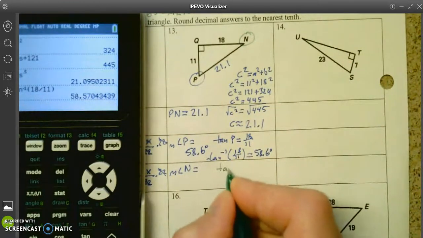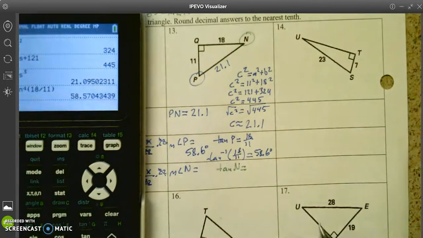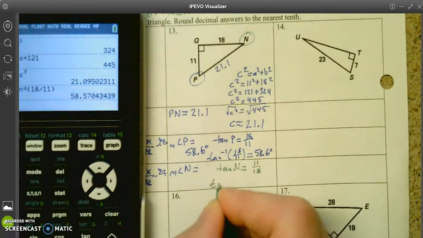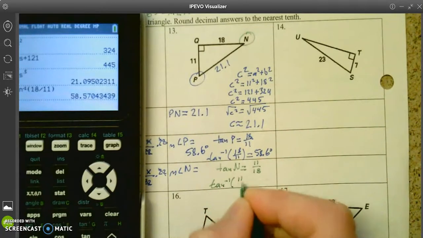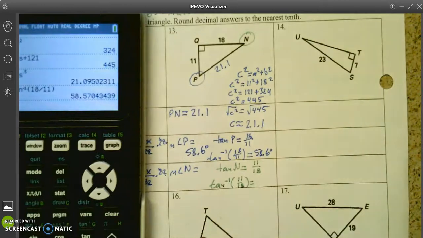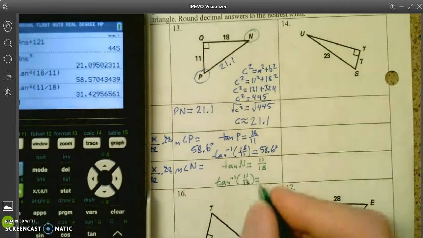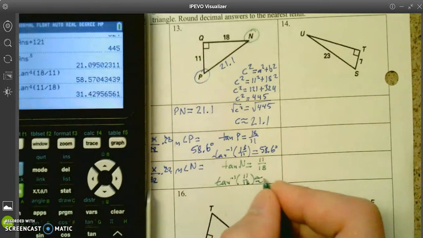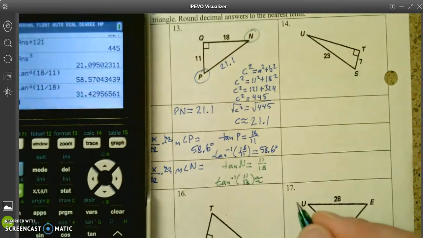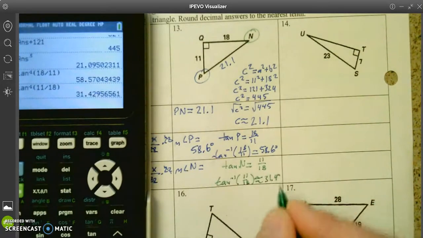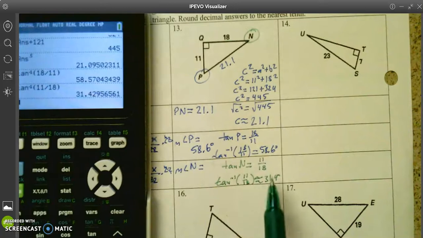So tangent of N is equal to 11 over 18, so if I take inverse tangent of 11 divided by 18, that gives me approximately 31.4 degrees. Now, I did this the longer way on this one instead of just subtracting it off to show that as long as I rounded right, these should add up to 90, and they do.